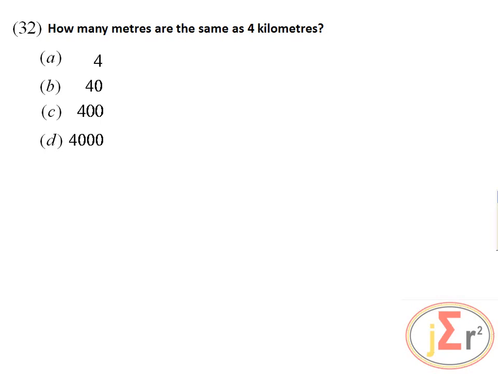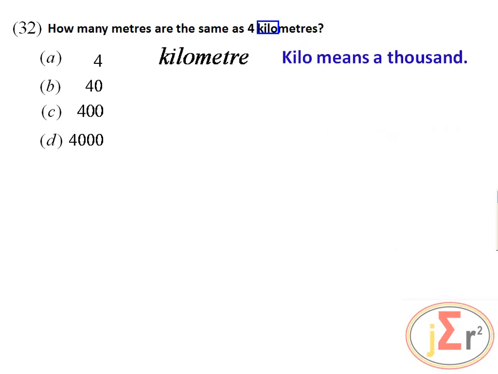Why do we arrive at that answer? 4,000 meters. Let's see. Kilometer. Kilo is what we are focusing on this occasion. Kilo means 1,000.